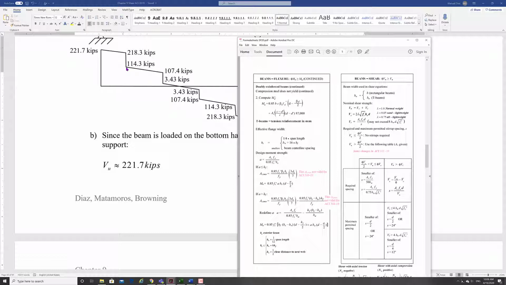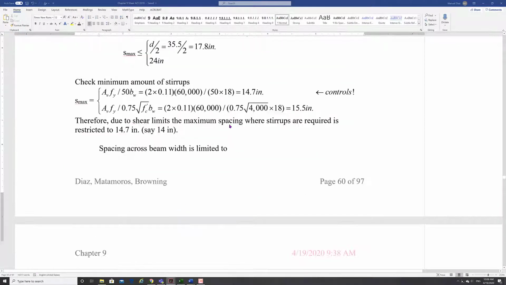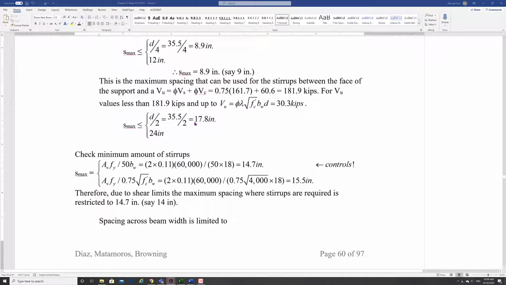So really then from here all the way to the center, you will use, in this case, minimum spacing. Because minimum spacing controls over the 17 inches that we found here. Okay. All right.